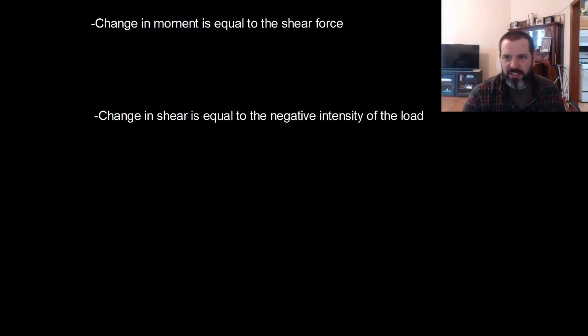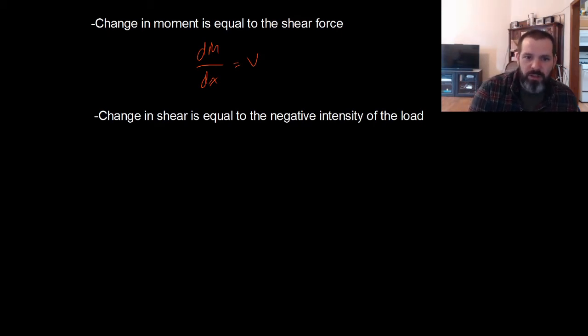What that is telling us is that the slope of the moment, the change in moment over dx, or the length, is equal to the shear, and that since our shear was constant and we had no load, the change in the shear is equal to the change in the loading function, which we'll call minus Wx.